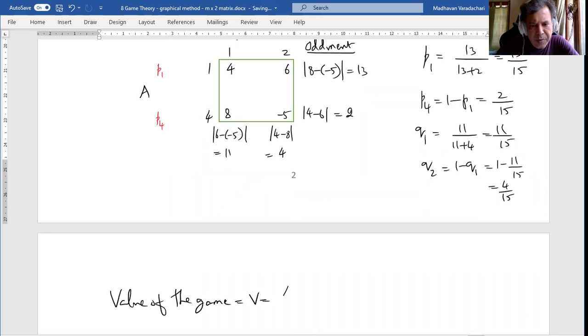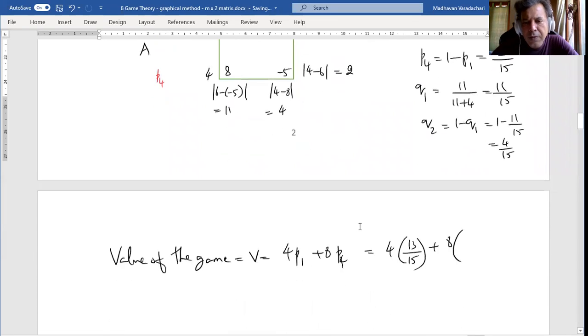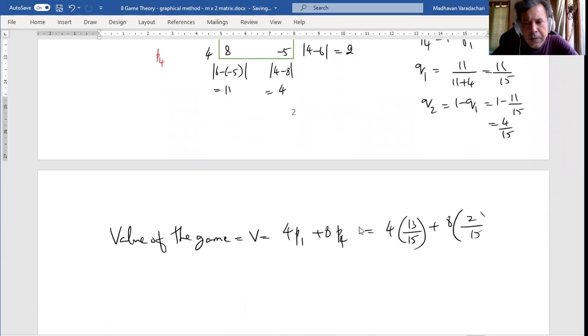It is 4 times P1 plus 8 times P4, that is 4 times 13 by 15 plus 8 times 2 by 15, which will be 52 by 15 plus 16 by 15. That gives you 68 by 15. That will be the value of the game.